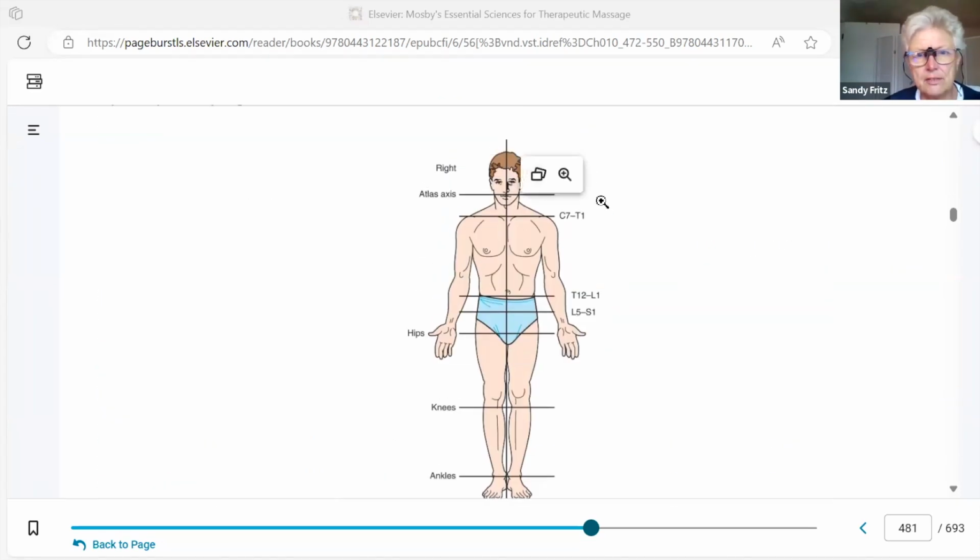So this is another figure of areas where we have movement in multiple planes. So the atlas axis area allows us to move into flexion, extension, rotation, lateral flexion. Here at the thoracic vertebrae, we can get movement at the lower end of the cervical area.